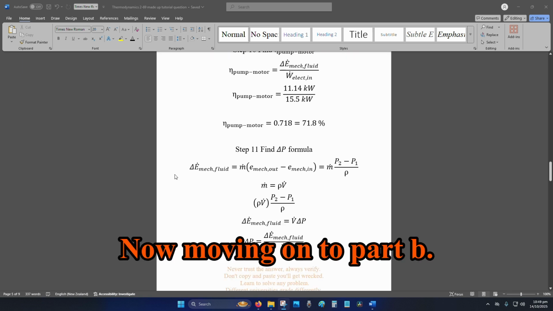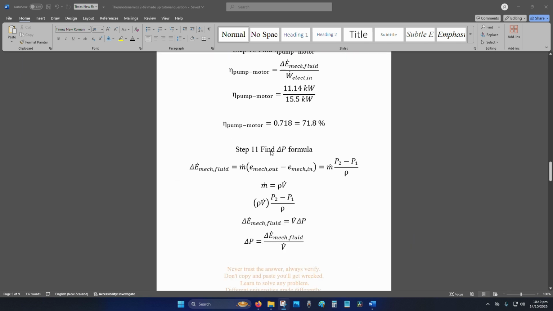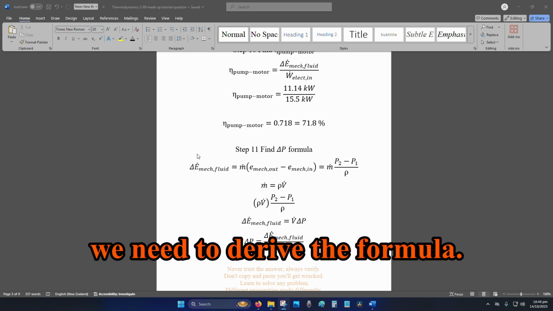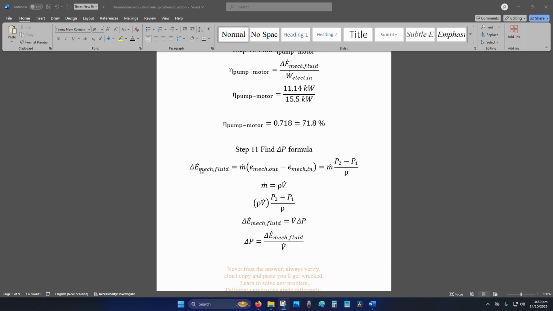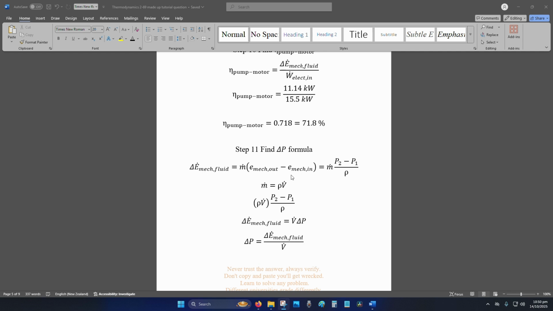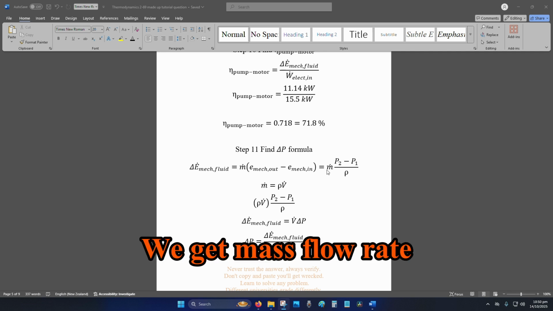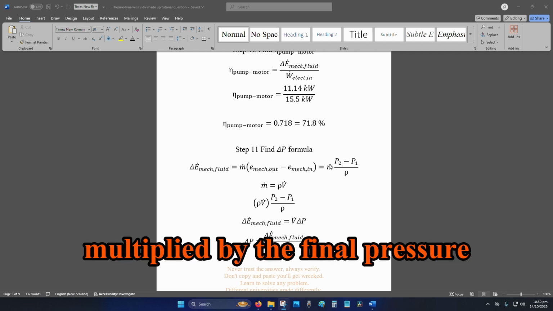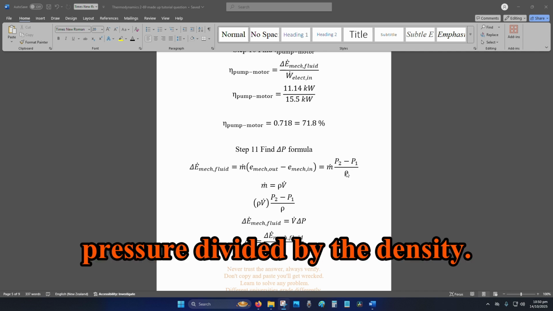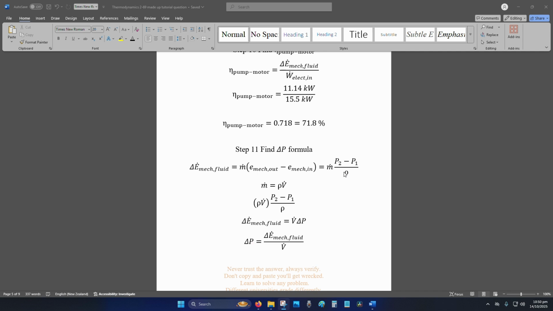Now moving on to part B. To find the change in pressure, we need to derive the formula. So using the mechanical power in terms of fluid, we get the mass flow rate multiplied by the final pressure minus the initial pressure, divided by the density.